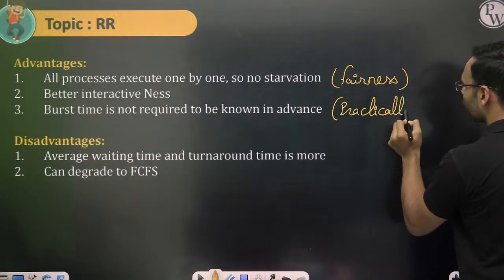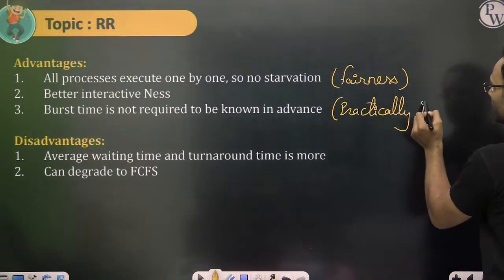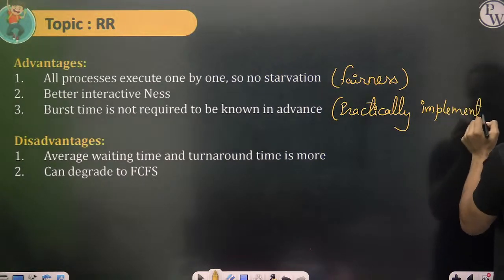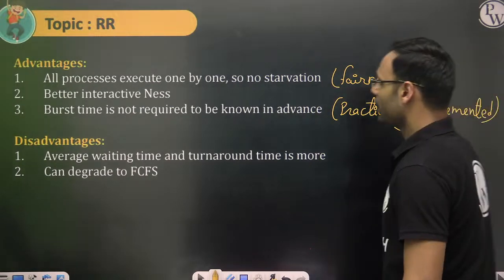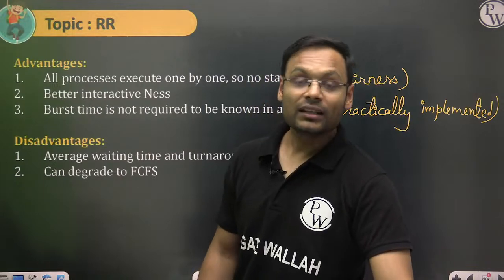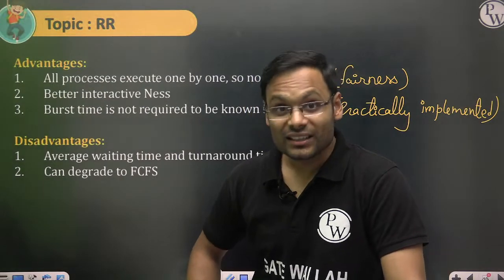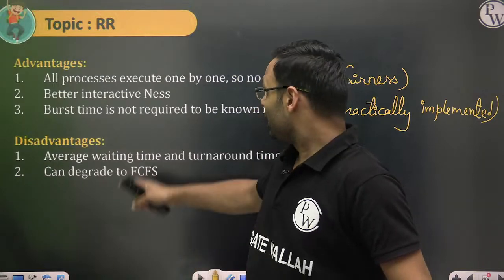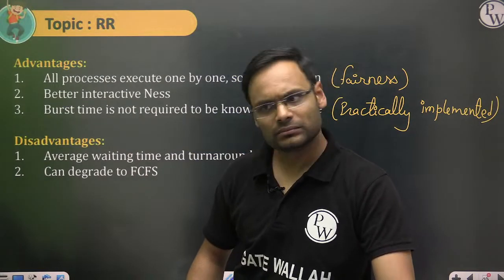In practical usage, we don't know when a particular process is completing, or how much time a process will run. Burst time of a process is not known in advance, and that is not required in round robin.